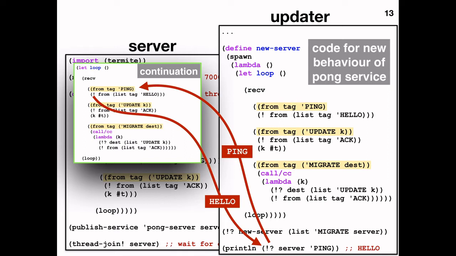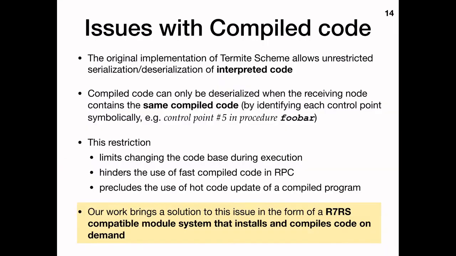This works well when interpreted, but there's an issue when the nodes are compiled. The original Termite Scheme allows unrestricted serialization and deserialization of interpreted code. The interpreted code contains the source code, which allows migrating most of the code easily.